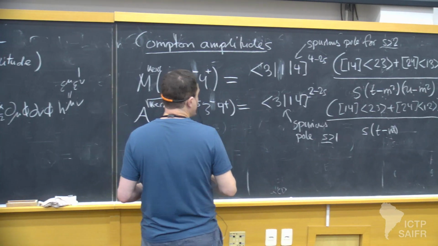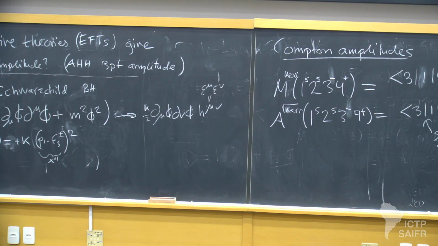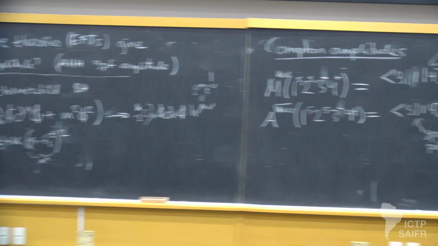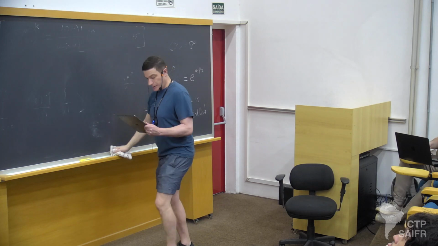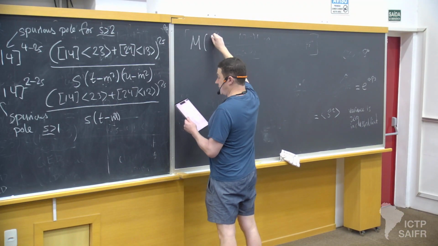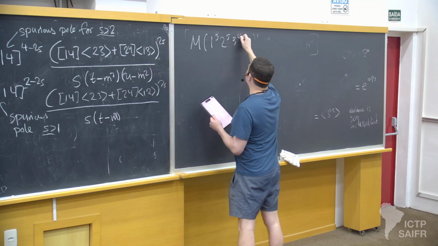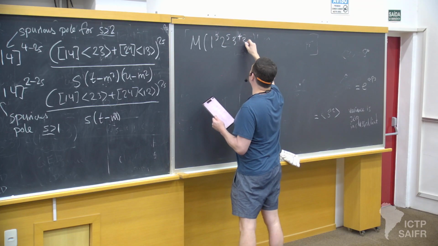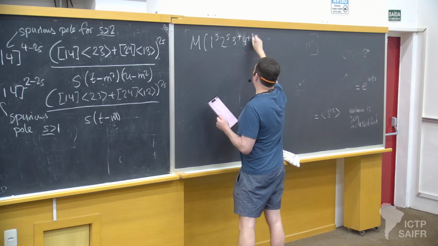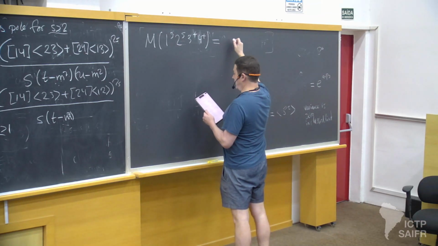But the point is that there are nice formulas, and in fact, I can even write down another nice formula, which is in this other helicity sector. So if both gravitons are plus helicity, then you get actually an even nicer formula.